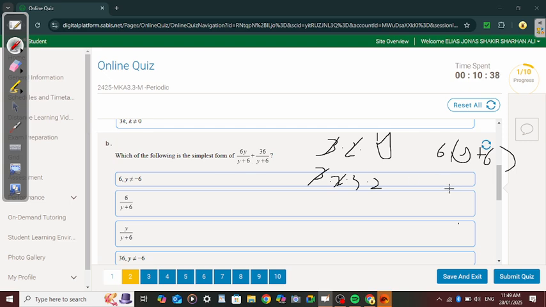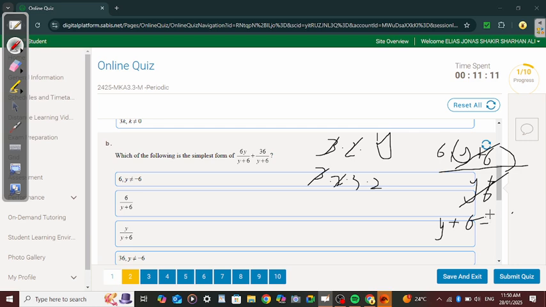So 6 times y plus 6 over y plus 6, which is our common denominator. We could cancel y plus 6 from the numerator and the denominator. And then to get the condition, whatever you cancel out, you do that does not equal 0.